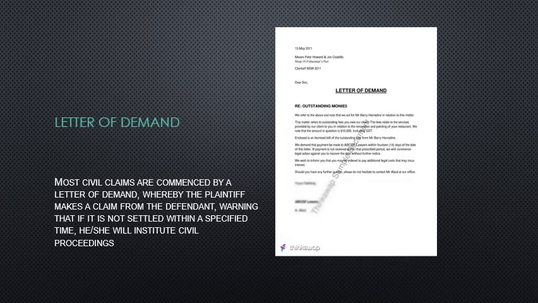So in civil disputes, most claims are commenced by way of a letter of demand, whereby the plaintiff makes a claim from the defendant, warning that if they do not settle, if they do not pay the money, they'll institute civil proceedings.